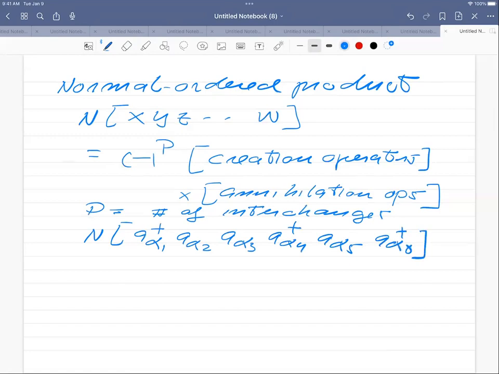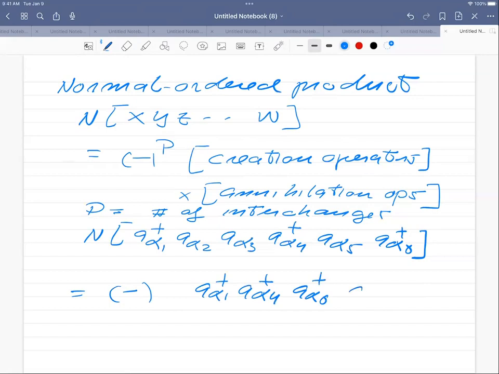Now, if I want to change this into a normal ordered form, I'm going to have a minus, and let's do the counting first. I would have an A alpha 1 dagger, then an A alpha 4. To move alpha 4 past alpha 3 and alpha 2, we need 2 interchanges. So that's 2. And then I have A alpha 6 here.